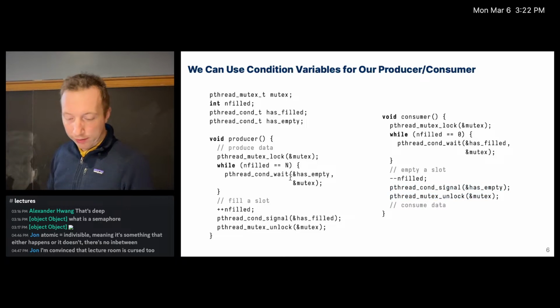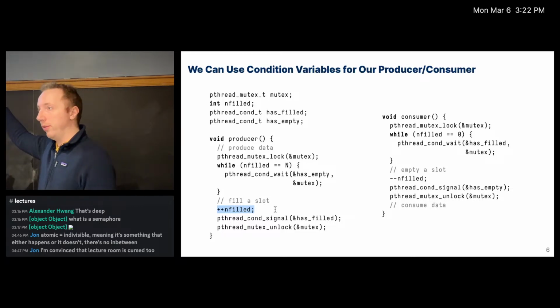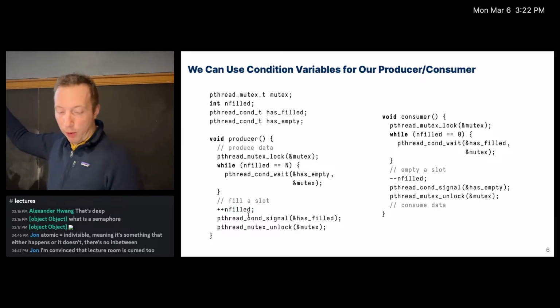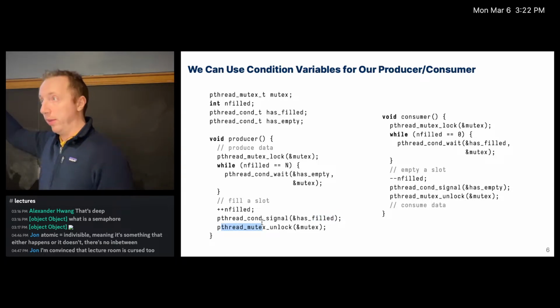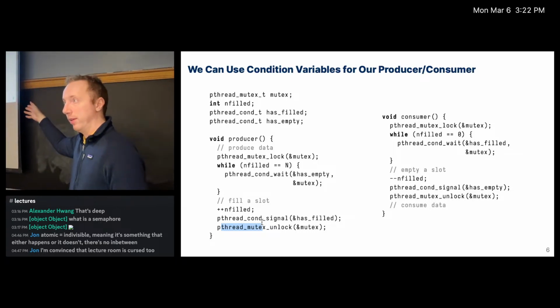So in this case, you have to manage the condition because our condition is this n filled slot. So we change it. You just have to make sure that whenever you change it, you signal such that the other things could wake up, their condition is now true, and they can pass.